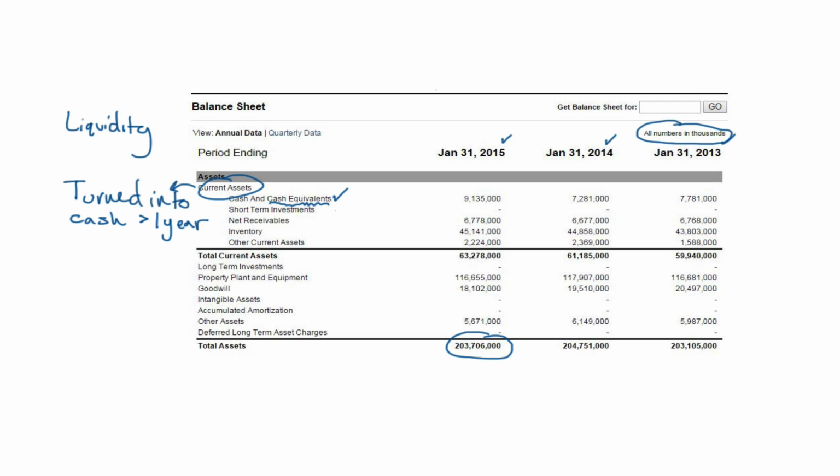And so Walmart specifically, if they can reasonably expect payment within 7 days, they classify it as a cash equivalent. If they cannot expect payment within a reasonable time frame, so within 7 days, then they would classify it as a receivable or an accounts receivable.